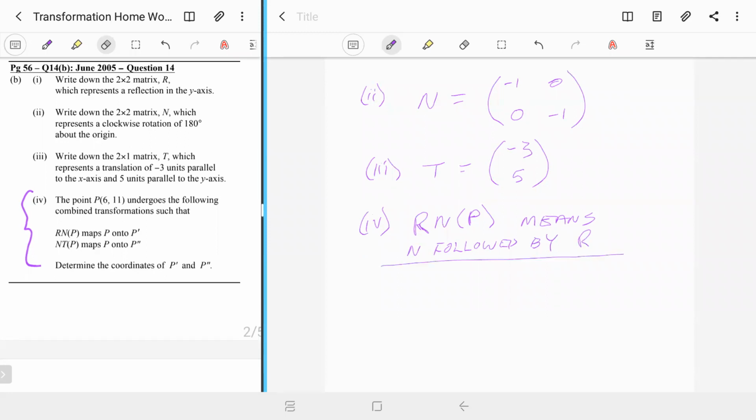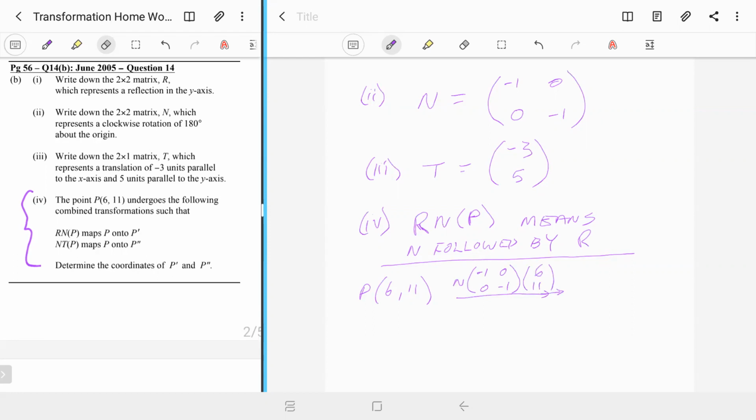N followed by R, starting at the point, which is (6, 11). We're going to do N first on it. N is the matrix -1, 0, 0, -1, the 180-degree rotation. Applying it to the point P, (6, 11), takes it to an intermediate point, which we're going to calculate.